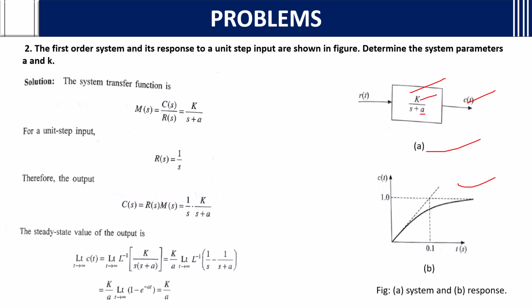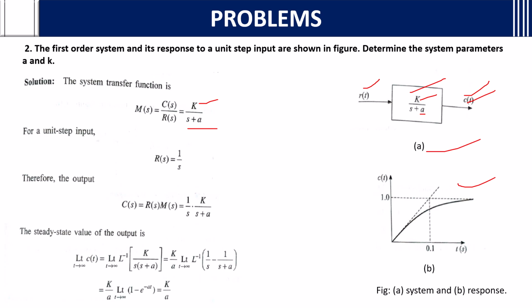How to find? The system transfer function is already given as C of S by R of S, that is K by S plus A, because in a transfer function you consider the Laplace transform of output by input.